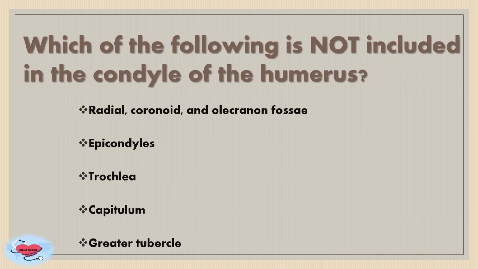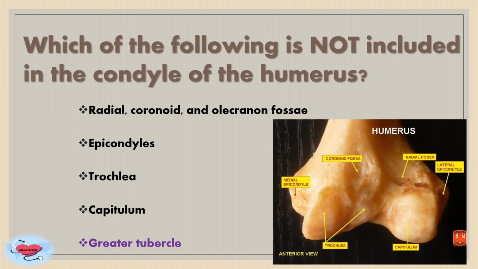Next question. Which of the following is not included in the condyle of humerus? You can see the options here. Actually, condyle of the humerus, which means the distal end of humerus, includes both epicondyles, trochlea, capitulum and 3 fossae.